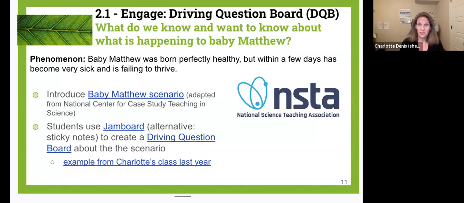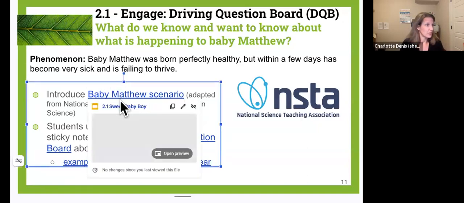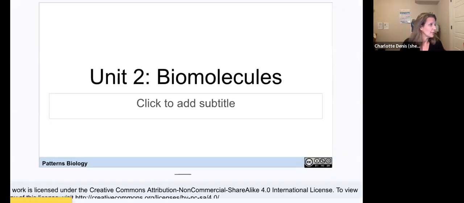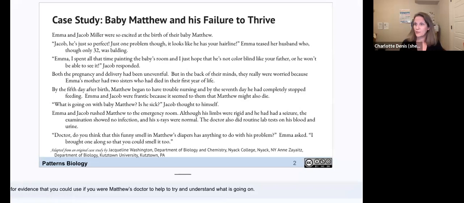So after the students get introduced to the scenario, I'll just show you what that looks like. There's a story that comes right from the case study. The idea is that we have some new parents, and they realize that something isn't quite right with their newborn baby, and they take him to the hospital.